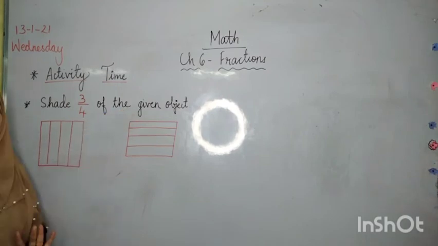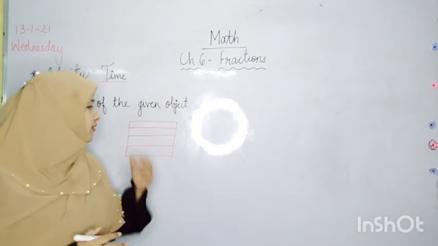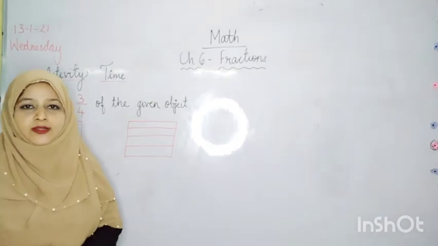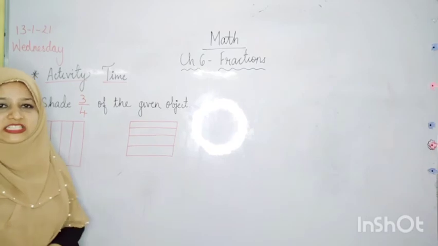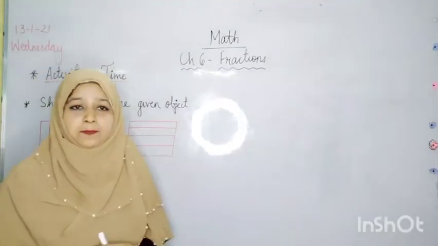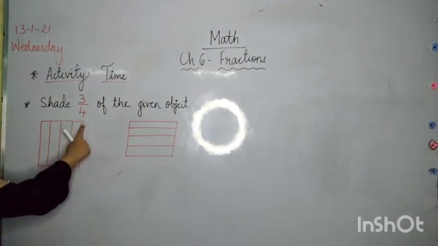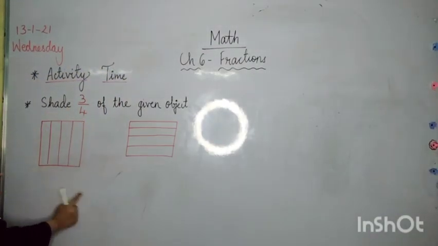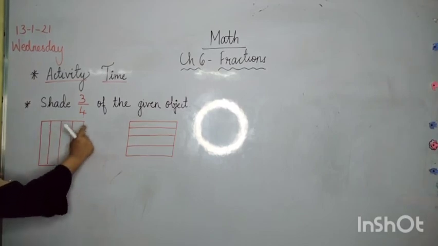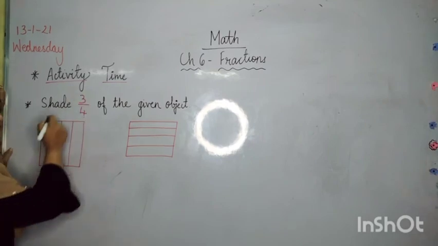Do you all remember how we did 3/4 of the given object? For finding out 3/4, what did we do? How many parts did we color? Yes, you are right. We colored 3 parts of the given object. First, we made one full whole object. Then we made it into 4 equal parts. Now I am going to color 3 parts of it.